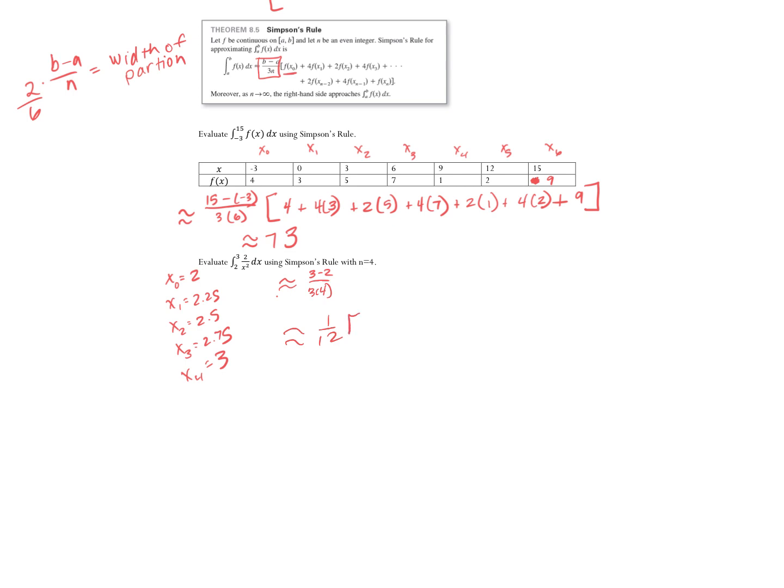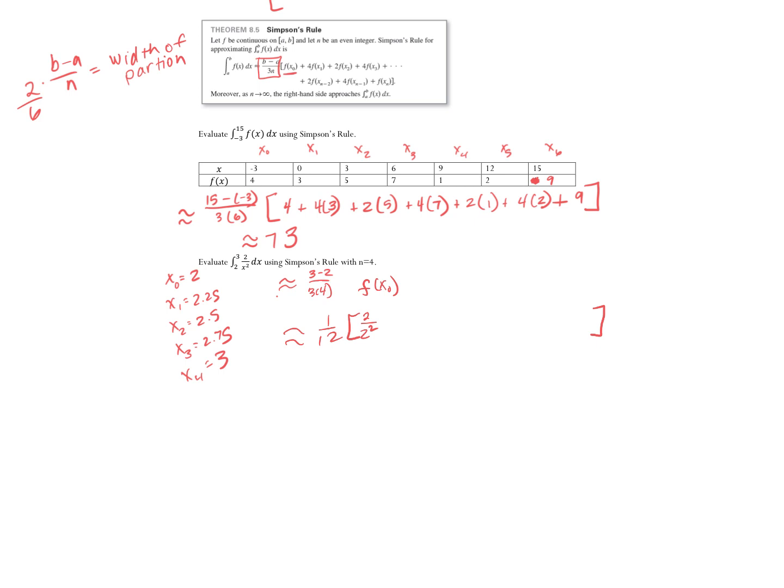And then we'll keep going. All right, then I need to do f of x0, which, what is f of x0 going to be? I'm going to write it as 2 over 2 squared, but yeah, that works out to be 1/2.